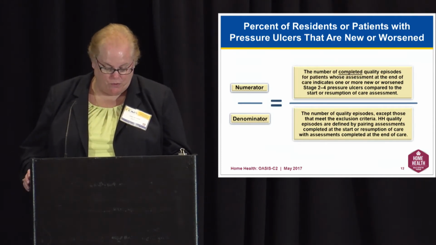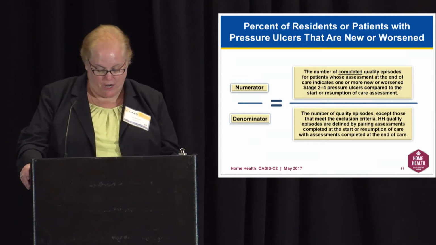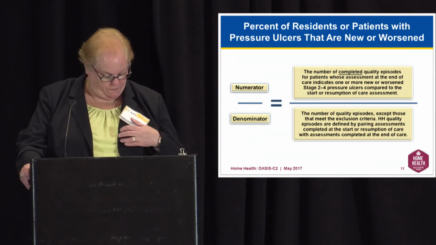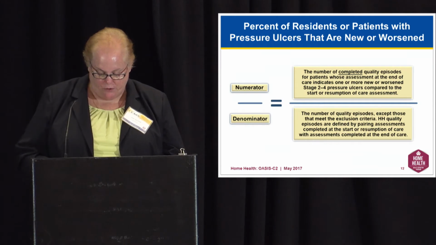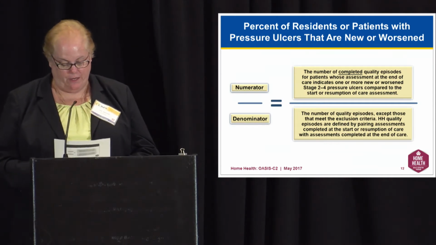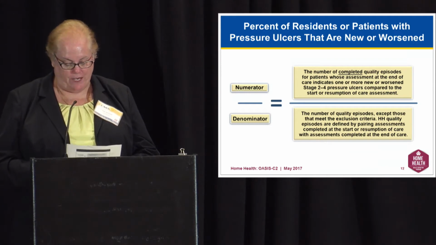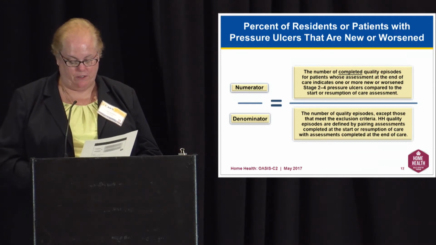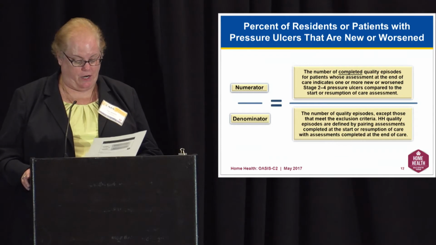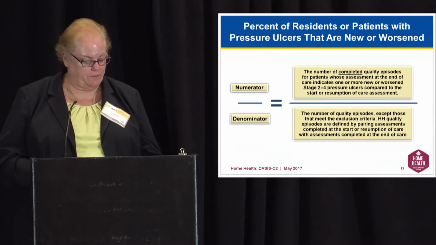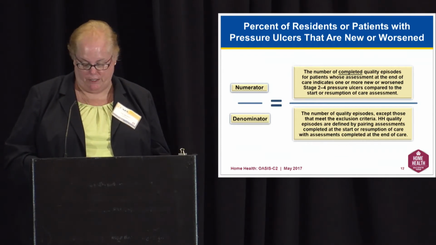And then the denominator is the number of quality episodes, except those that meet the exclusion criteria, and we're going to talk a little bit about those, in the home health quality episode as defined by pairing the assessments with the start or resumption of care and the end of care. All right, so we have the completed.